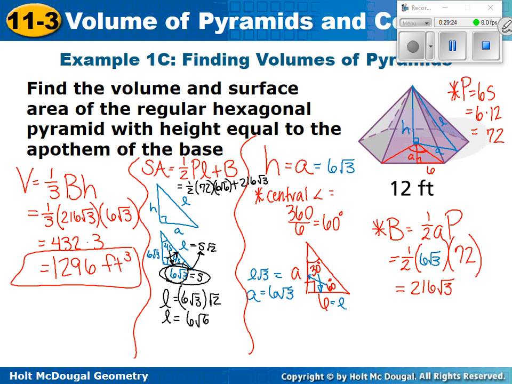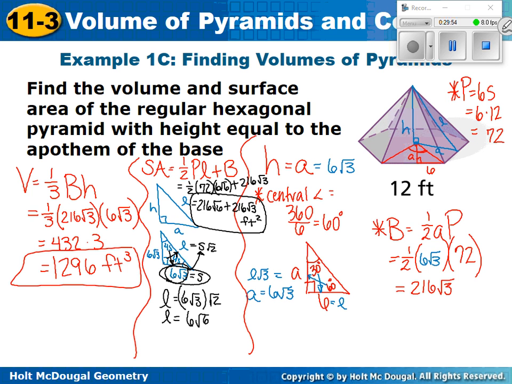What's half of 72? 36 times 6, 216. So we get 216 square roots of 6 plus 216 square roots of 3. And what are our units? Feet squared. And that is as far as we can go because you can't add a square root of 6 with a square root of 3. They are not like terms. It's like adding x and y.